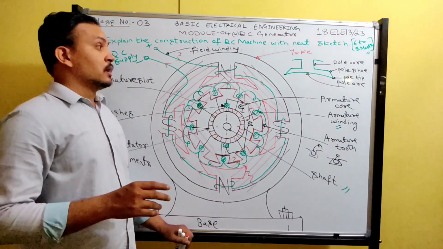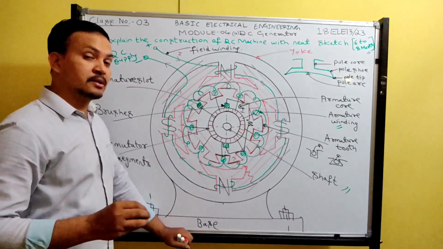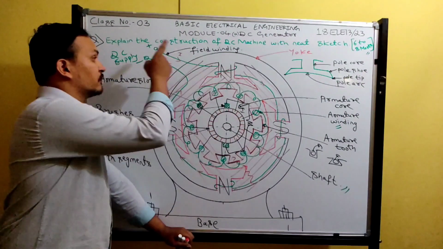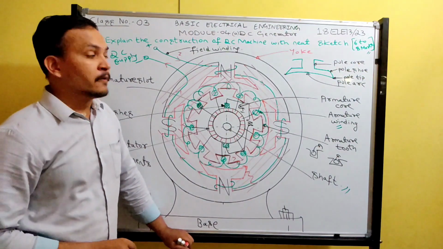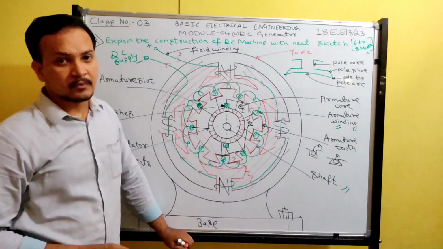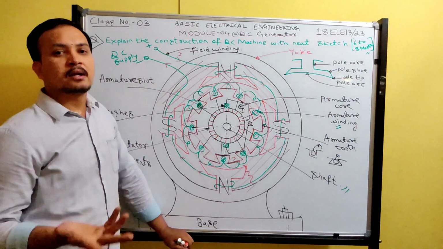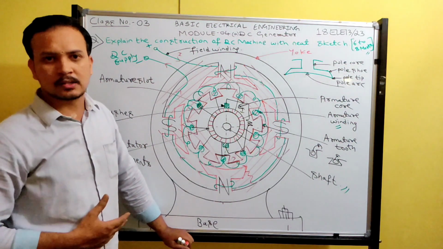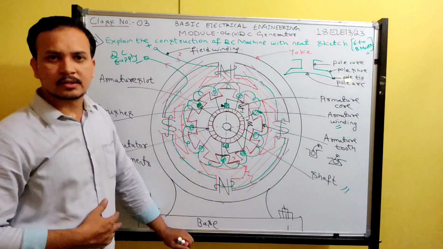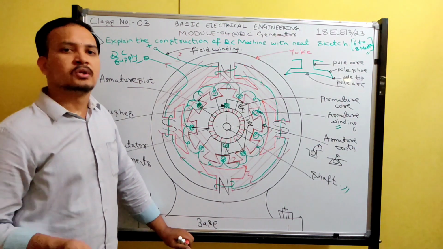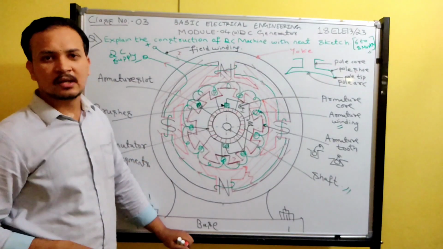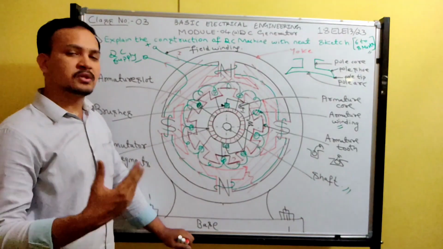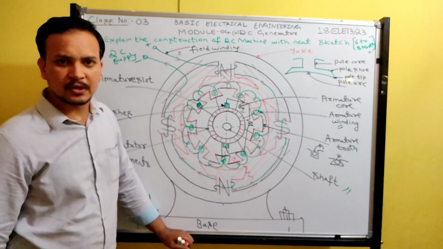So whenever your induced voltage does not reach your expectation, you should excite the field winding and produce the necessary flux. Then you will get the required voltage. When flux is not sufficient, you just connect the field winding to the supply, excite it, and you will get the required flux to reach your target induced voltage.